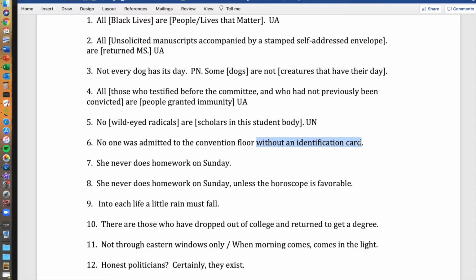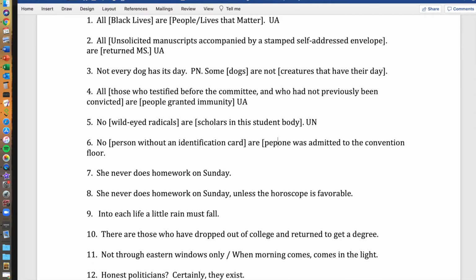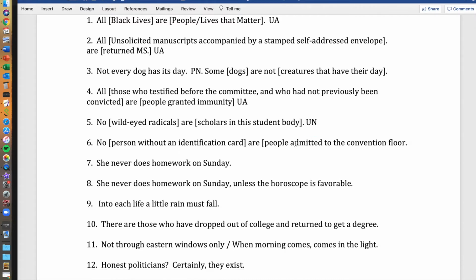So let's take that without identification card, because again, it helps us be precise about the subject term. So we would say no person without an identification card are people admitted to the convention floor as the predicate term.